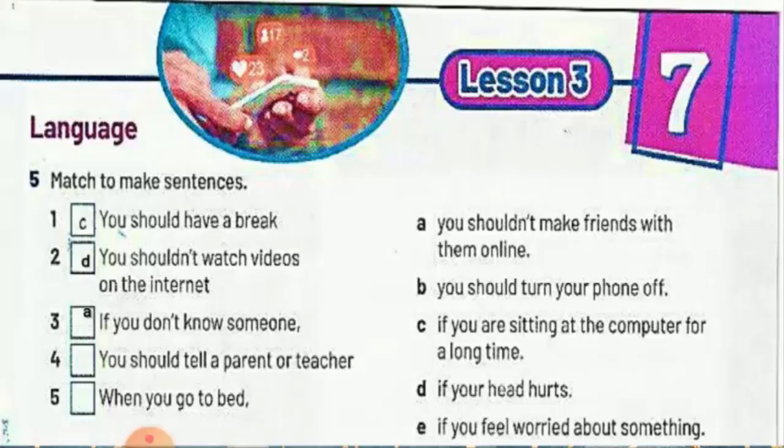Number 4, you should tell a parent or teacher if you feel worried about something. What about number 5? When you go to bed, you should turn your phone off. Excellent.